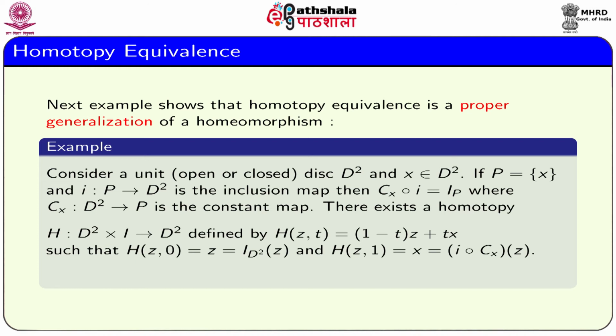If t equal to 0, then H(z,0) is z, that is the identity function evaluated at z, and if t equal to 1, then H(z,1) equal to x, which is inclusion composed Cx evaluated at the point z. Hence, inclusion composed Cx is homotopic to the identity function on D2.